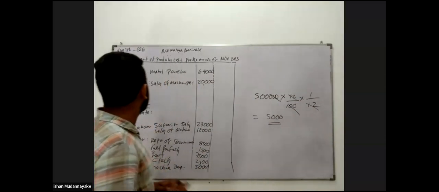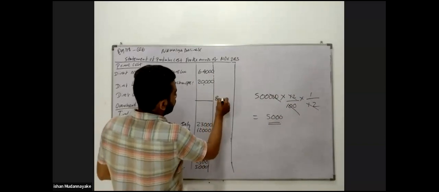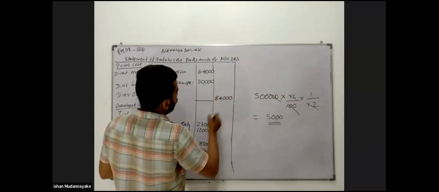Again, students, total direct cost, how much? 84,000. Total direct cost 84,000.